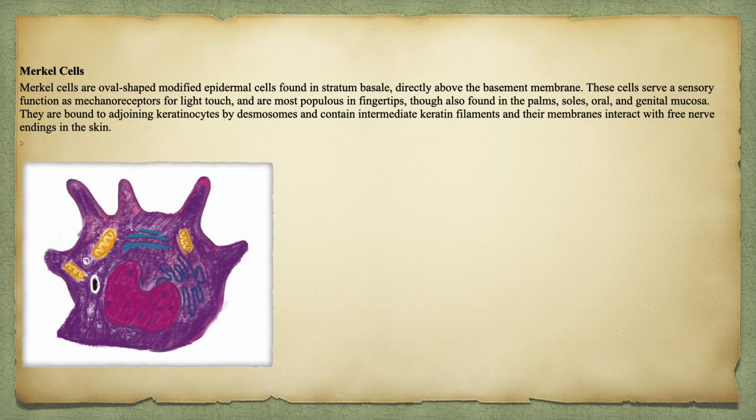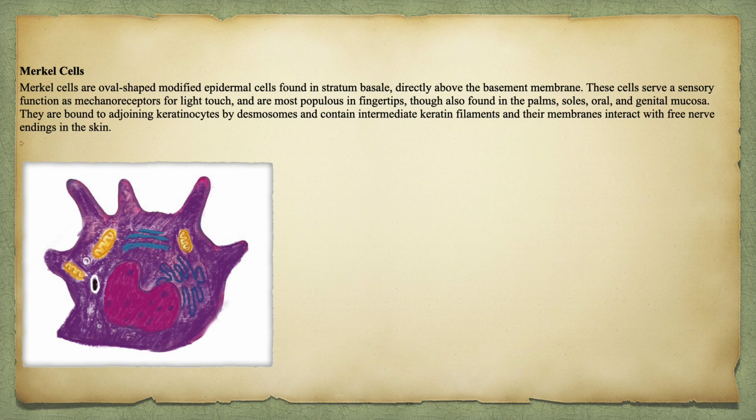Merkel cells. Merkel cells are oval-shaped modified epidermal cells found in stratum basale directly above the basement membrane. These cells serve a sensory function as mechanoreceptors of light touch and are most populous in fingertips.